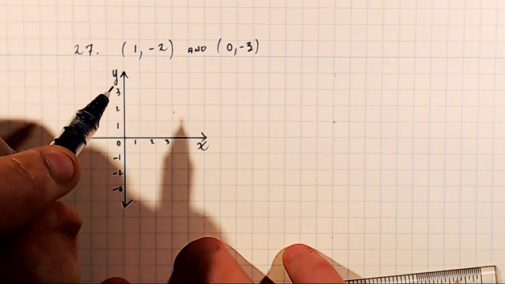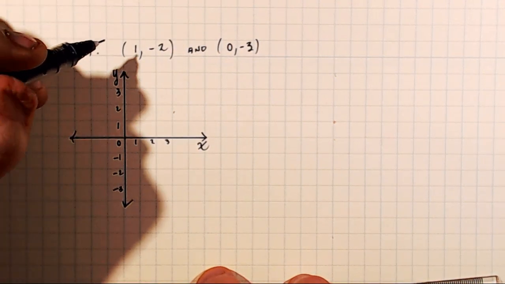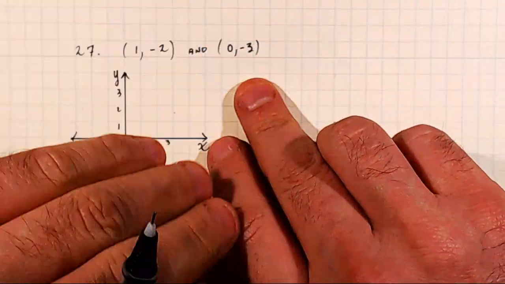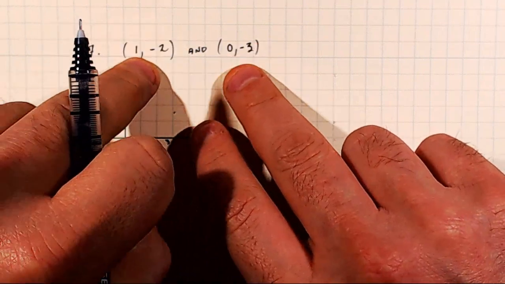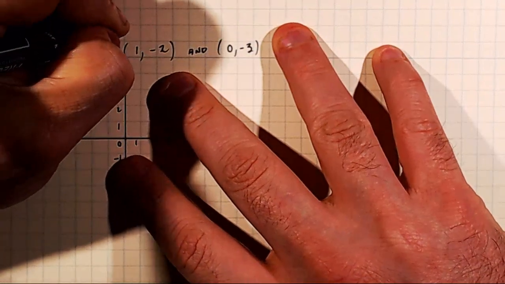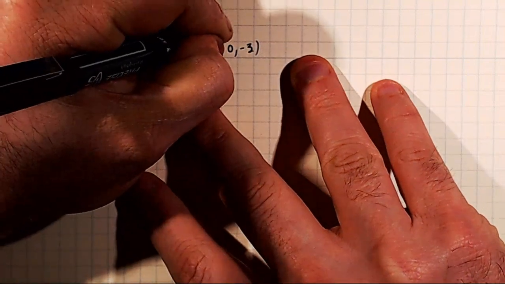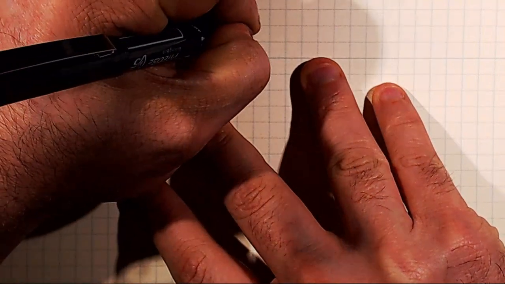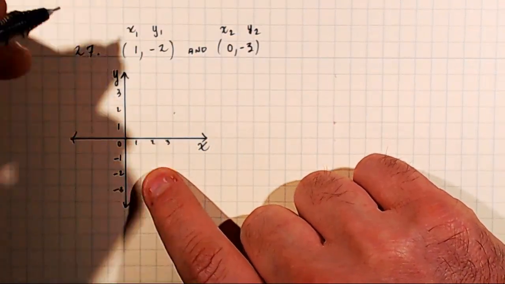All right, so we'll actually plot these 2 points. They give us 1 comma -2. It's going to be helpful if you get into the habit when you see 2 points, 2 coordinates, of labeling those coordinates x1 and y1, and then x2 and y2. So x1 and y1, let's graph that.